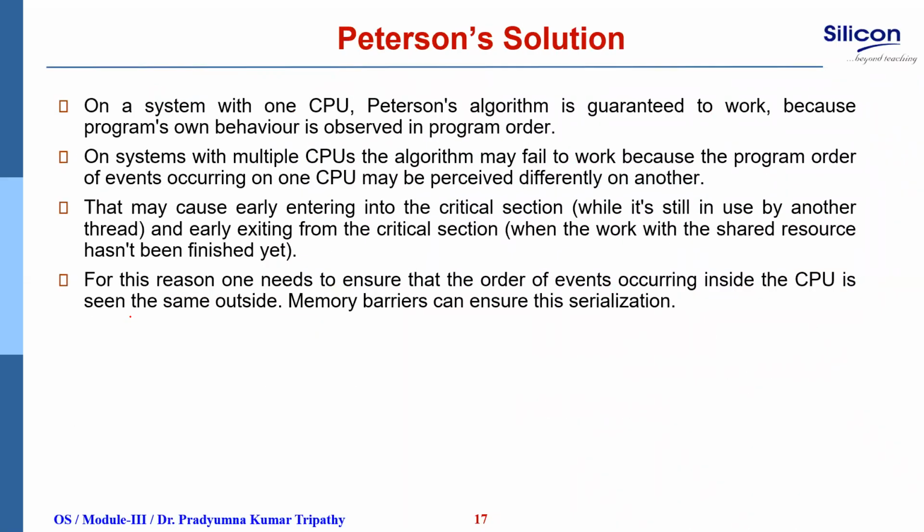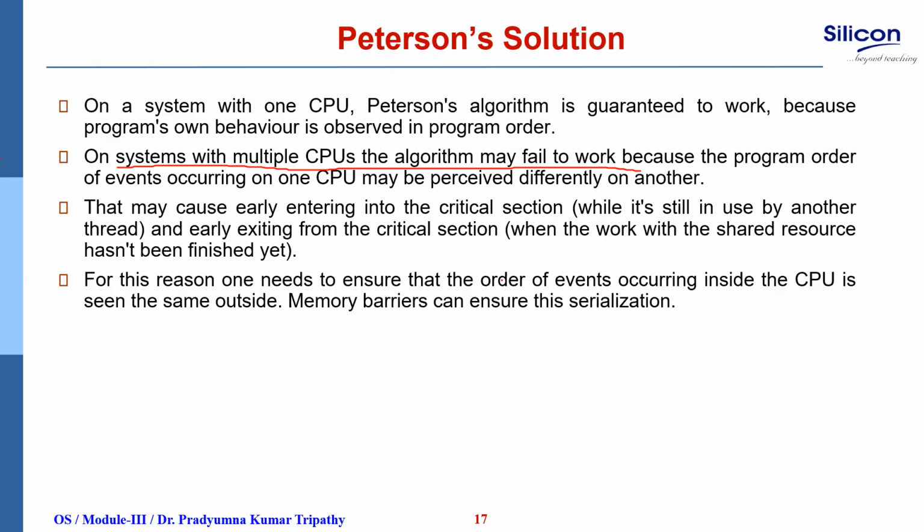On a system with one CPU, Peterson's algorithm is guaranteed to work because the program's own behavior is observed in program order. But on systems with multiple CPUs, the algorithm may fail to work. To remember, on systems with multiple CPUs, the algorithm may fail. Why? Because the program order of events occurring on one CPU may be perceived differently on another.